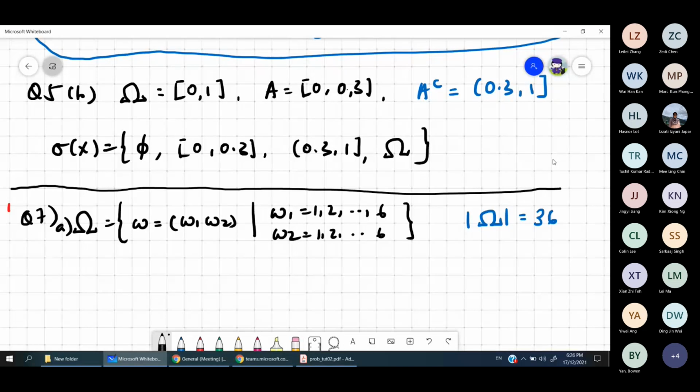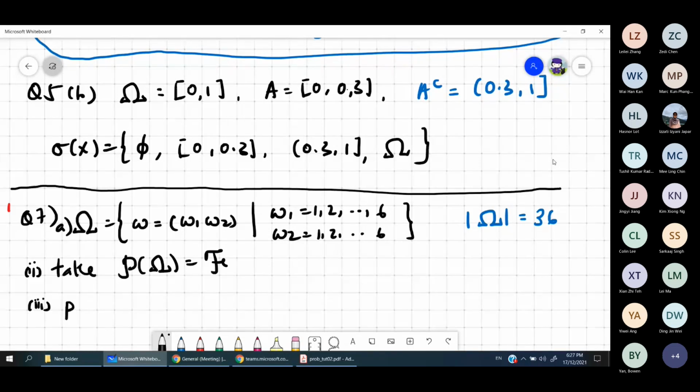So as usual, we follow the standard scheme. This is a discrete one, so what we can do is, without any specific reason, we just simply take the power set to be the sigma field. So this is number 2. And number 3, we need to define the probability.